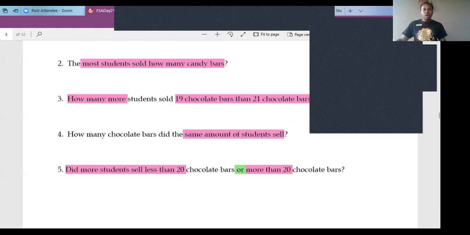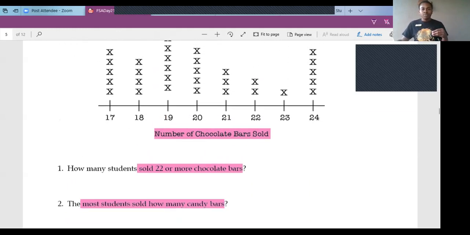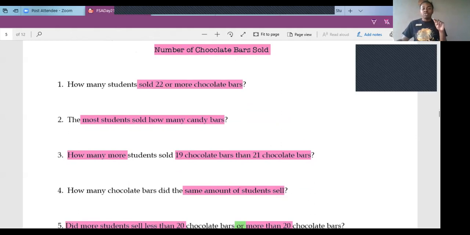Okay. All right, next question says how many chocolate bars did the same amount of students sell? That's what I highlighted there. So we're looking for the same amount of students. We're looking at the chocolate bars first to see which numbers have the same amount of X's next to it. That's exactly what it's asking us. Students represent those X's.